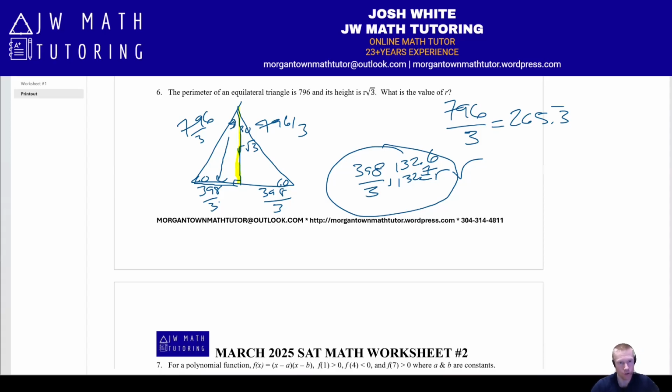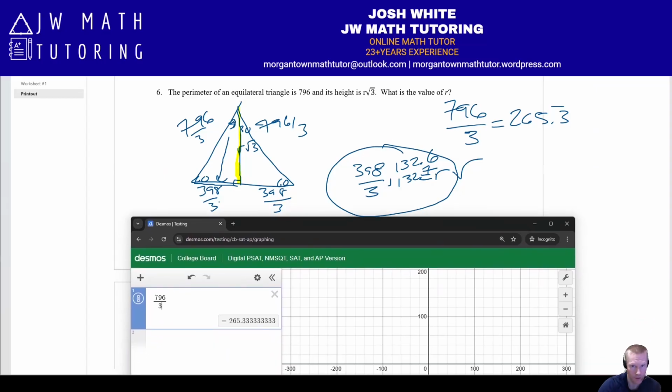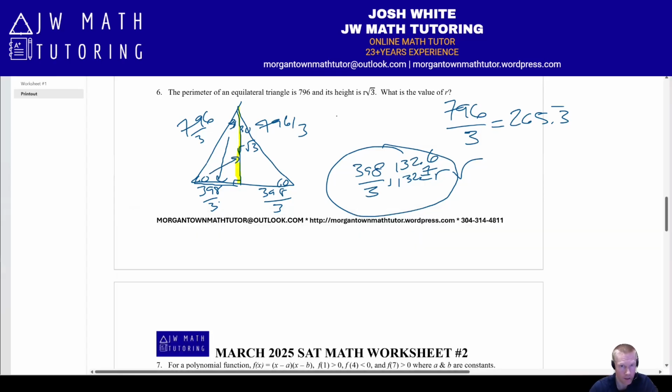Now, I will also show you how to do it with basic trig. Maybe you would say sine of 60 equals opposite, which is r root 3, over hypotenuse, 796 over 3.